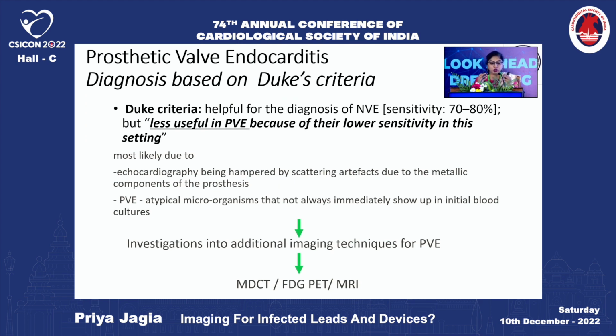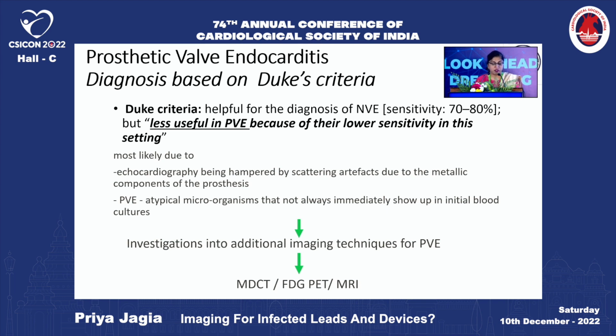As we all know, the Duke criteria are used for making the diagnosis of endocarditis, but it's important to remember that for prosthetic valves the Duke criteria are less useful, because we rely a lot on echocardiography and on isolating the microorganisms.